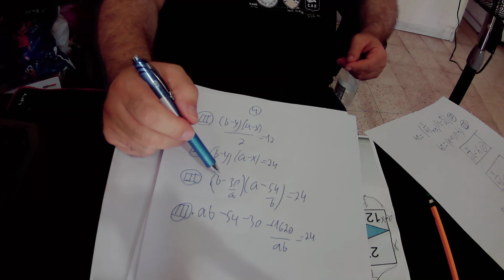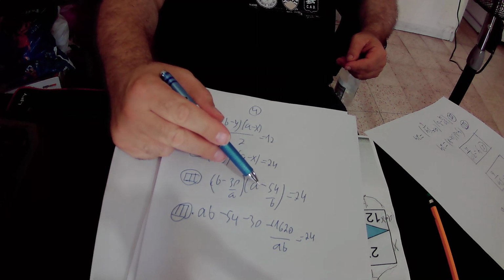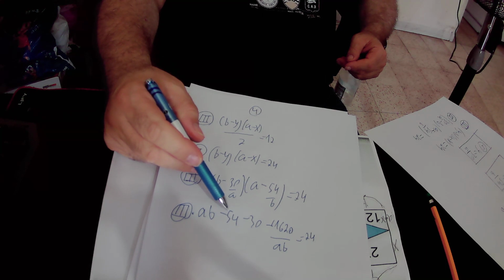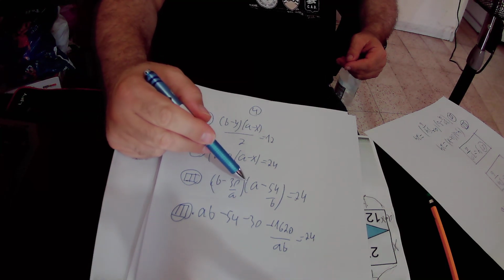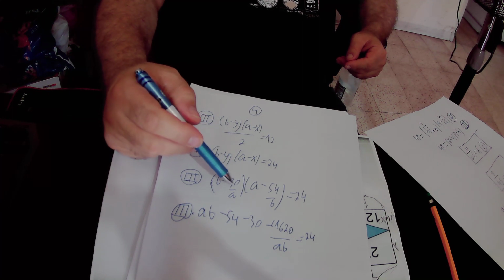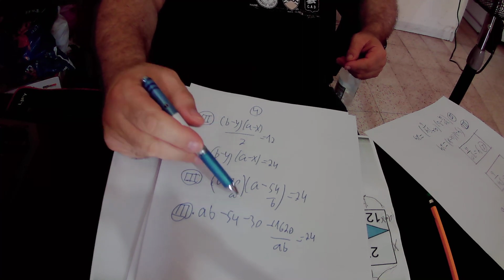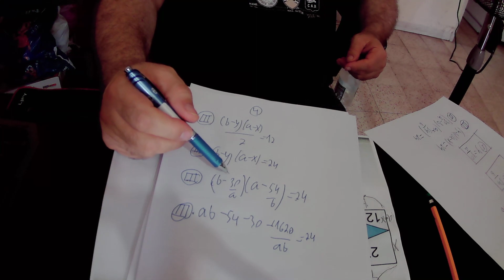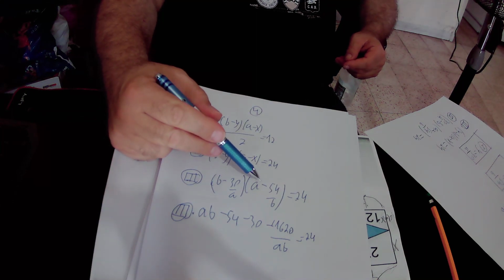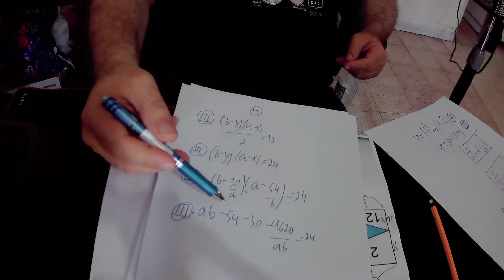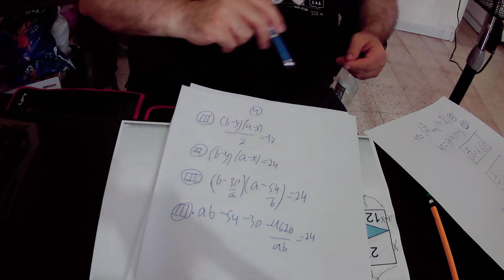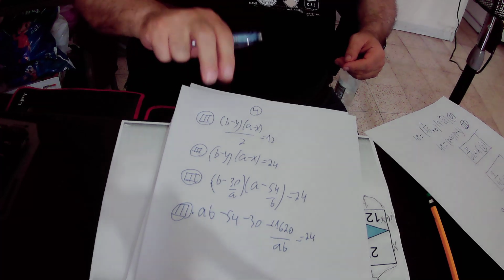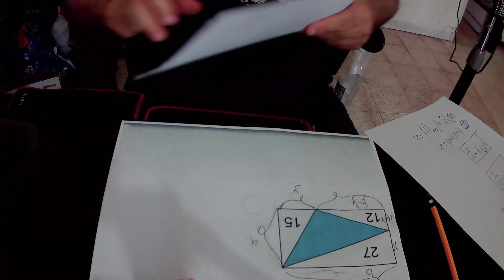B times minus 54 over b is minus 54, and minus 30 over a times a is minus 30, and minus 30 over a times minus 54 over b is 1620 over ab, all equals 24. Now we'll subtract 24 from both sides of the equation.